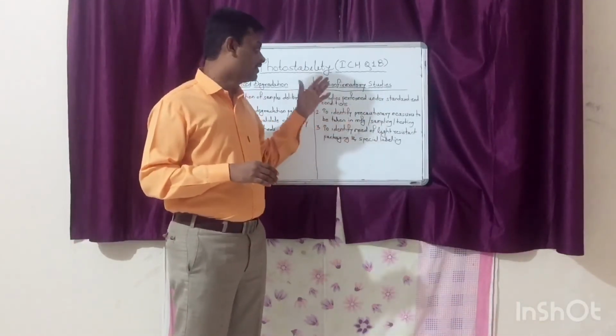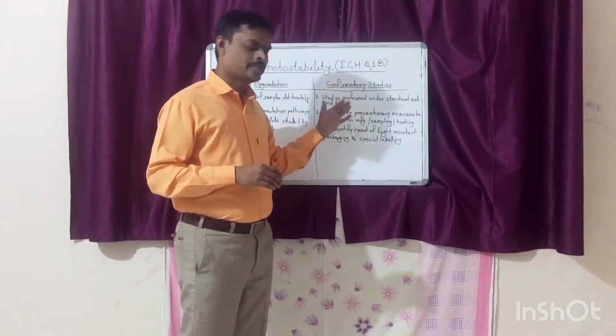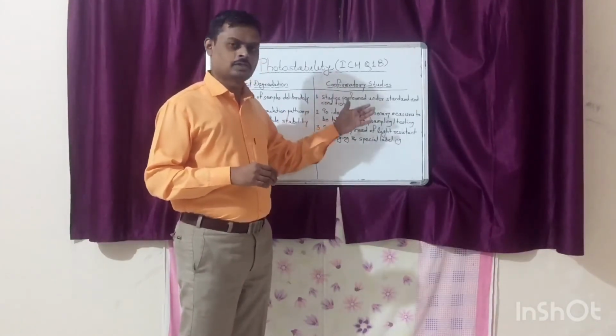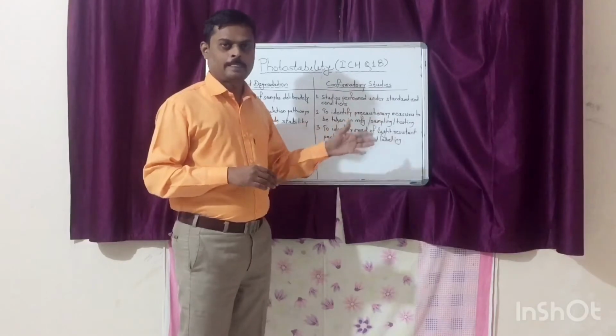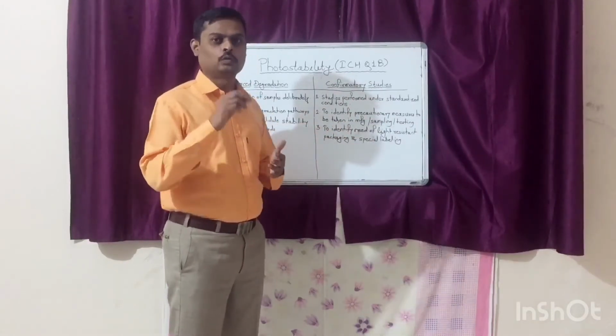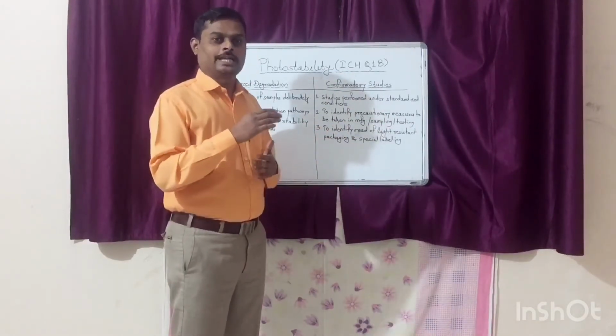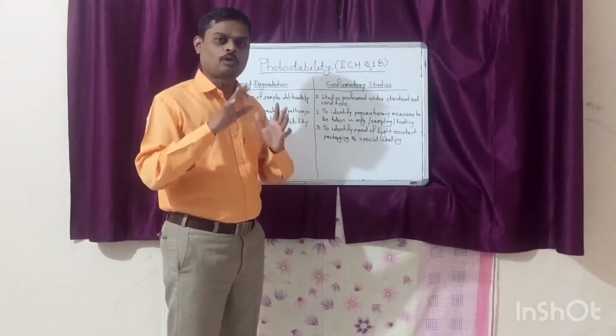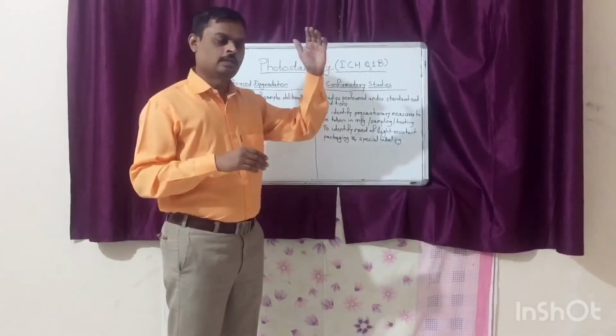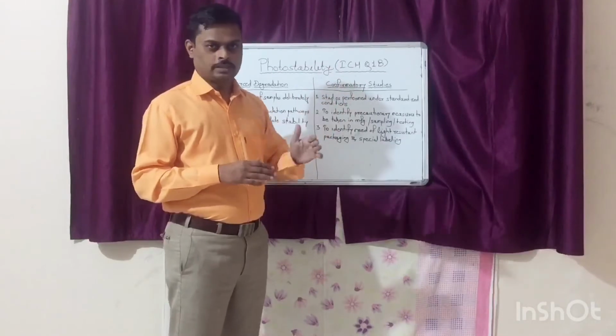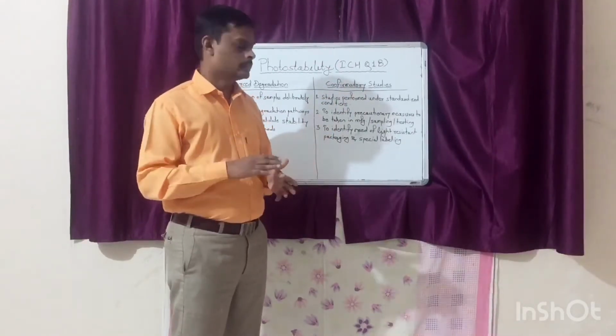That is, if the intensity of your photostability chamber is 50,000 lux, then to achieve 1.2 million lux hours, you have to expose your samples for 24 hours.